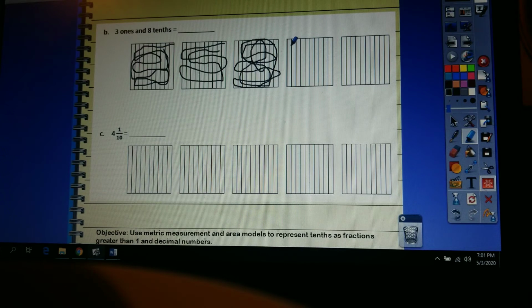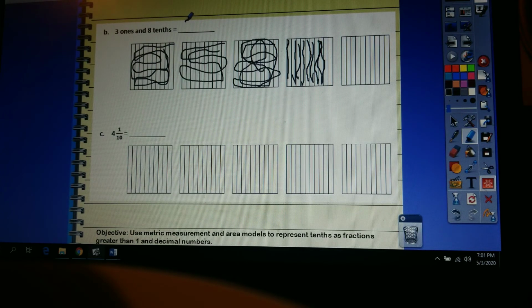Okay, so they want me to do 8/10. Okay, ready? 1, 2, maybe if I go faster, 3. Oh, nope, that's not working. 4. Oh, 5, 6, 7. Ooh, 8. Ooh, I went over a little too far. Okay, so 8/10. So 3 wholes and 8/10.